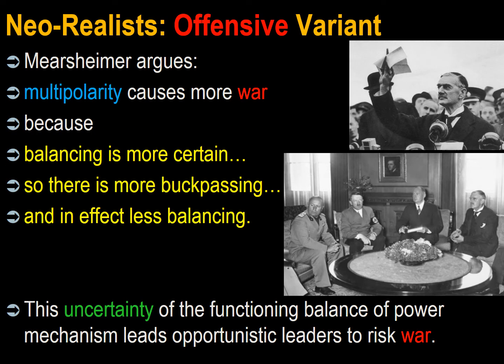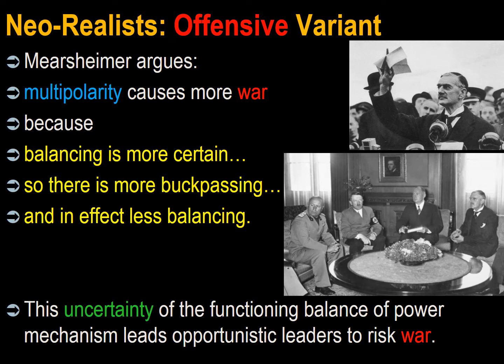Now, the third consideration of the bipolarity versus multipolarity debate is by the offensive variant of the Neorealists. Mearsheimer argues that multipolarity causes more war because it's a sort of moral hazard argument. Balancing is more certain, so there is in effect more buck passing, because you assume other states are going to balance and so you don't have to, and in effect there's less balancing. The moral hazard argument is that when you have a guarantee, you're less likely to be careful.